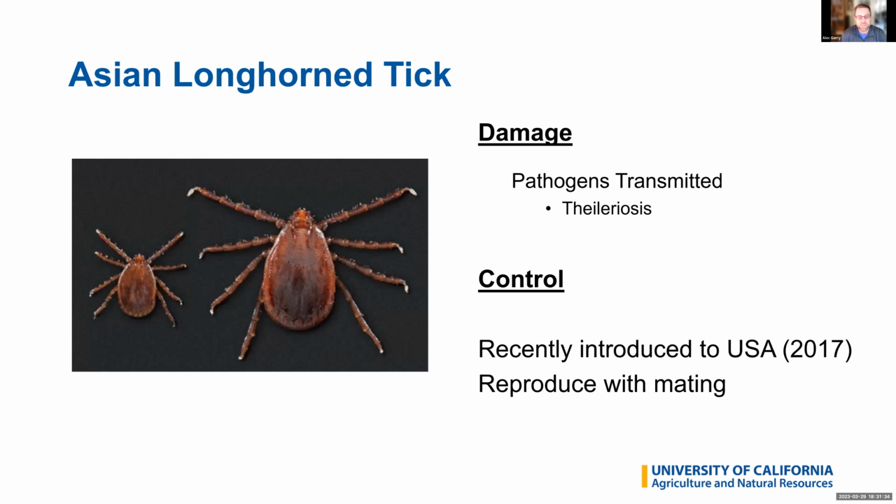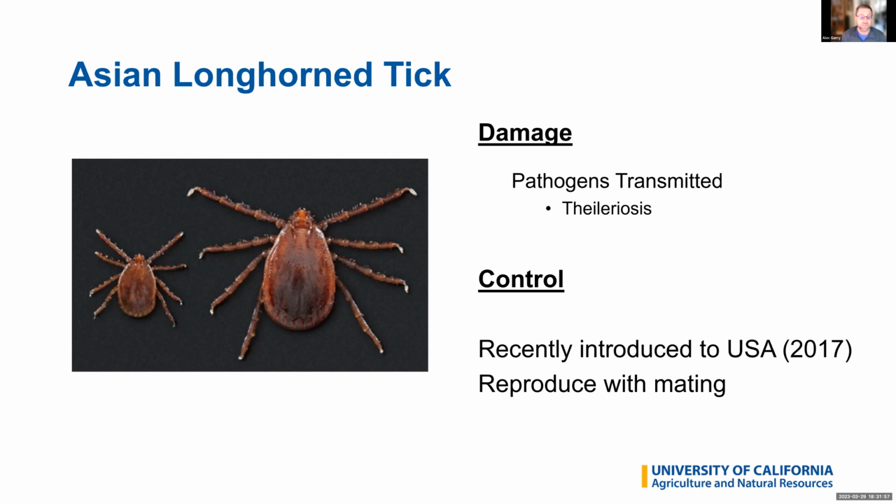A female tick of this species can essentially produce viable offspring without ever encountering a male. In fact, very rarely does anybody ever find males of this tick. Instead, females produce females, and those females will produce additional females. So it's reproduction basically without any requirement to mate.